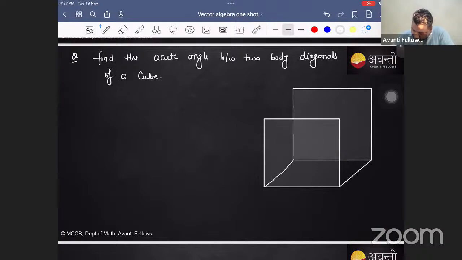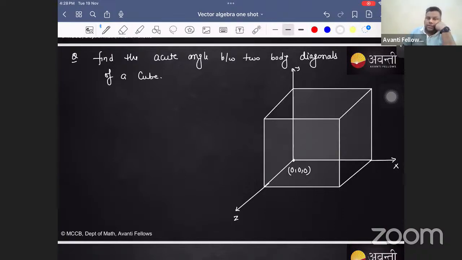See, this is a cube. All right. Let us assume this point as origin. So in that case, this is going to be x-axis, this is going to be y-axis, and this is going to be z-axis.